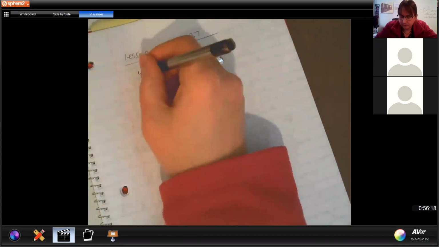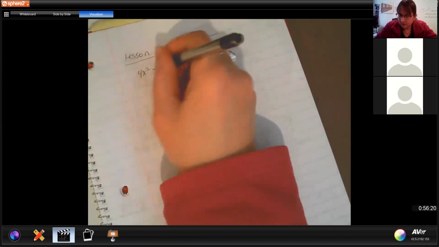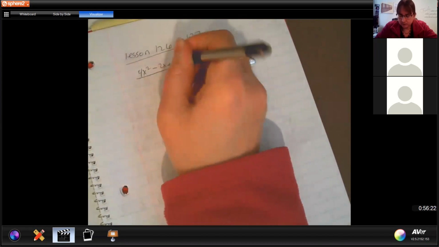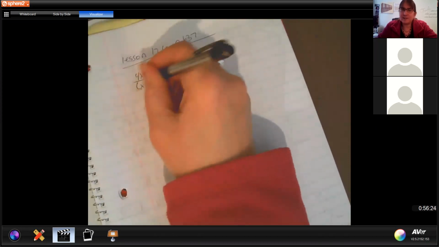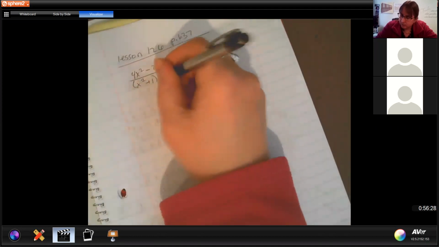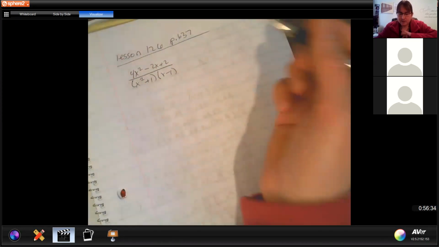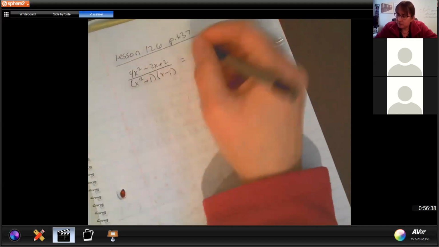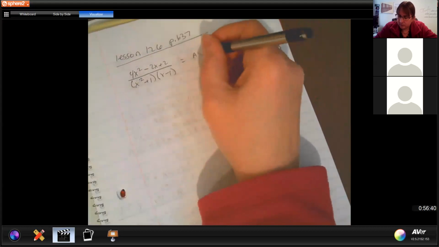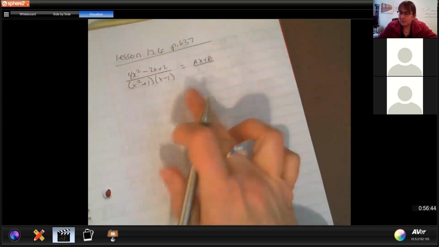This is when you have a factor in the form of, let's see, well, their example, 4x squared minus 2x plus 2. If you have an x squared, not a repeating factor, but if you have an x squared in here, then to get your partial fractions, for that first term, it's going to be ax plus b.